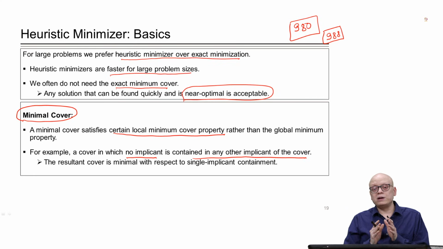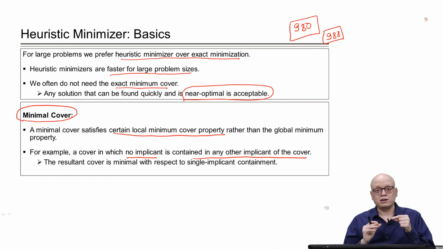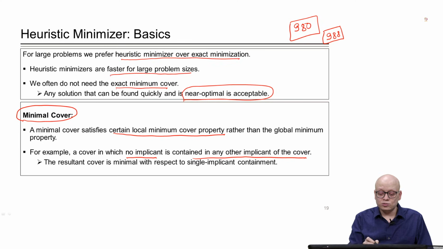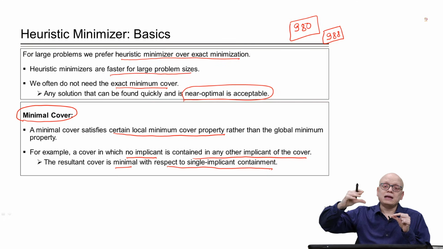If there is such an implicant, we safely get rid of it from the cover, and the cover that we get is known as a cover which is minimal with respect to single implicant containment, meaning that no implicant in the cover is covered by any other implicant of the cover.